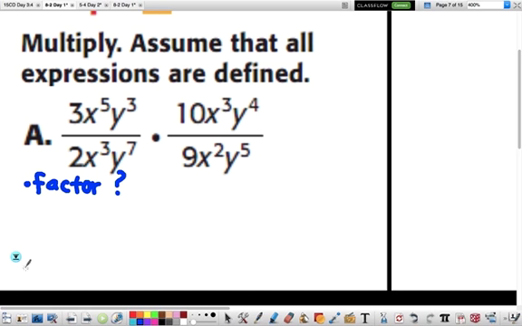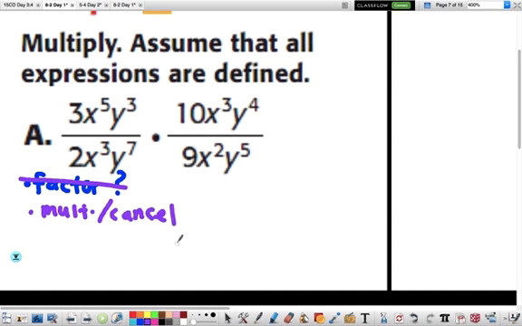Can you factor anything? No. There's nothing to factor here because all these terms are just singletons, right? Monomial, monomial, monomial, monomial. Don't need to do that. Let's multiply out. For this one it's either multiply slash cancel.